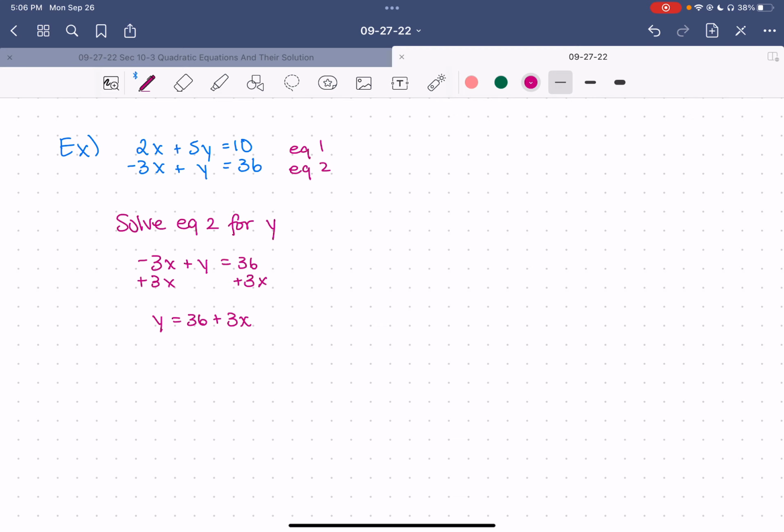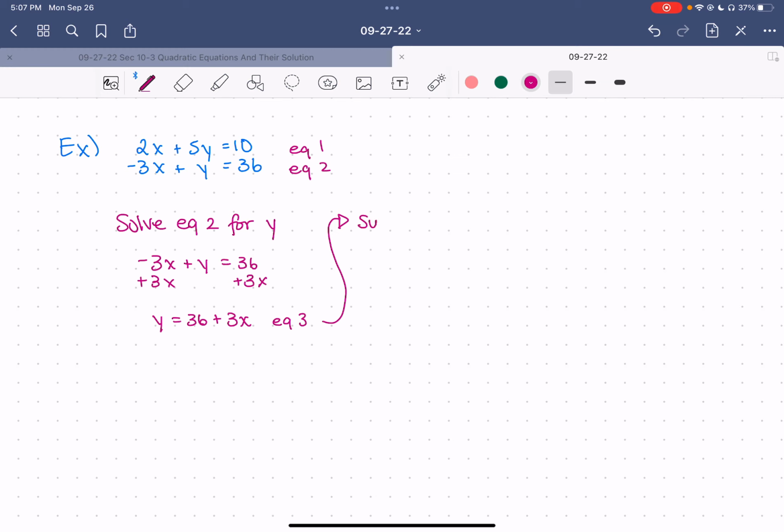So y is by itself. And it was really easy because the y was almost by itself already. It had a coefficient of 1, making it look all by itself. We're going to use this one again, so I'm going to call this equation 3. So that was step 1, solve one equation for one variable.